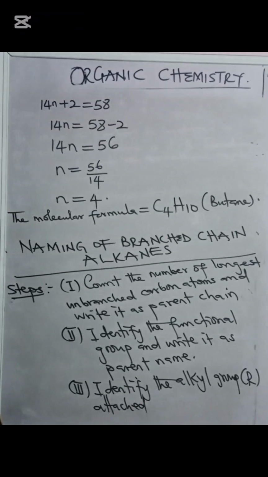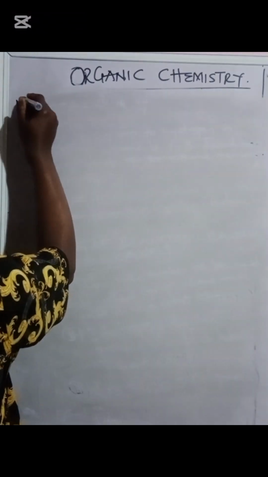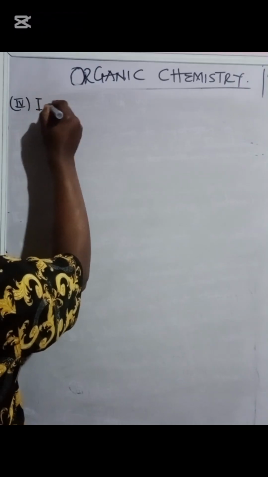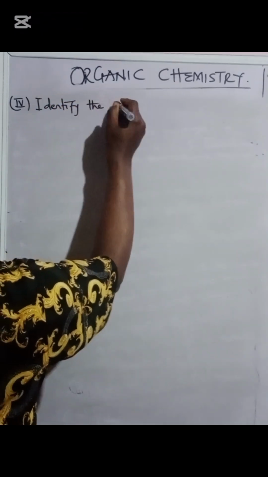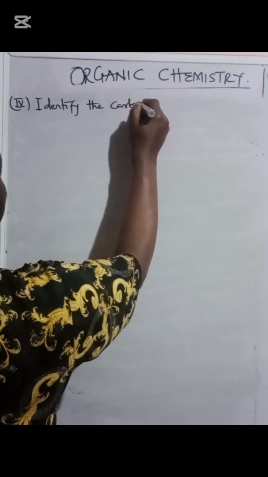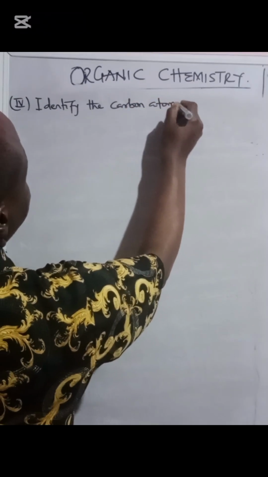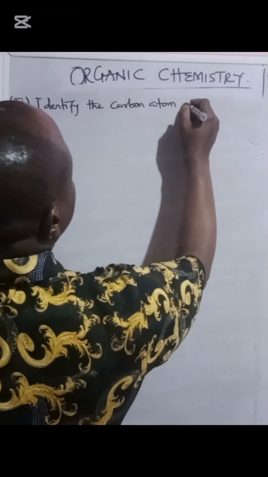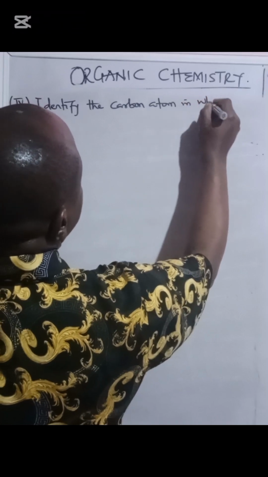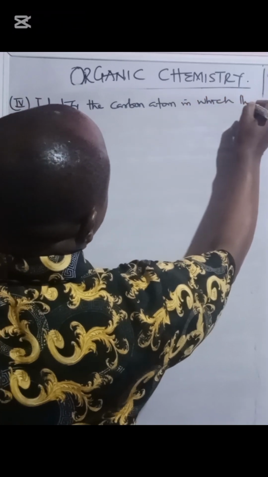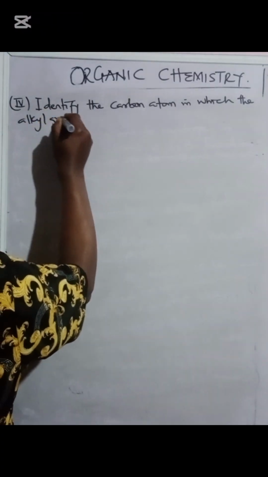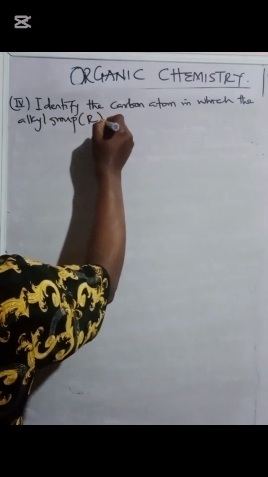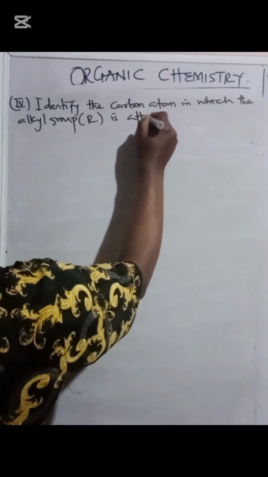Step 4: identify the carbon atom to which the alkyl group is attached.